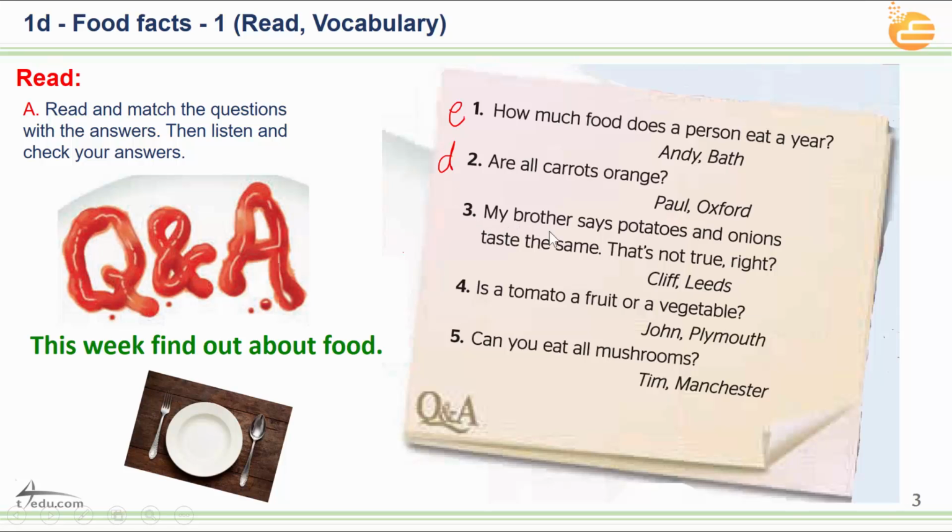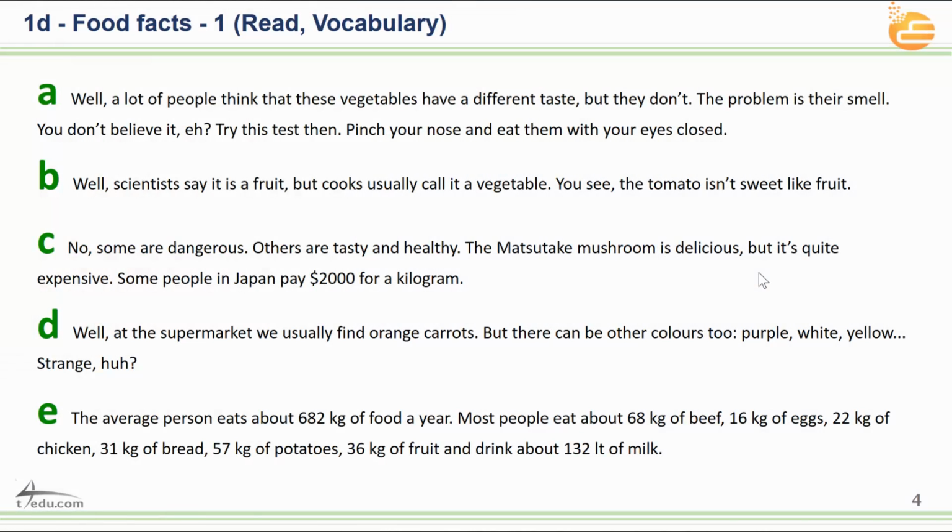Number 3. My brother says potatoes and onions taste the same. That's not true, right? Let's take a look. What do you think? What is the answer for this question? Excellent. It is A. Well, a lot of people think that these vegetables have a different taste, but they don't.